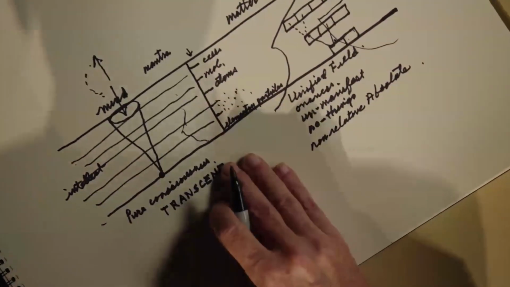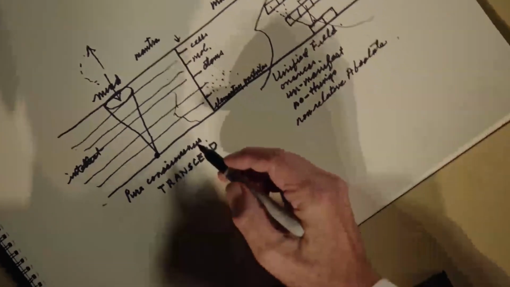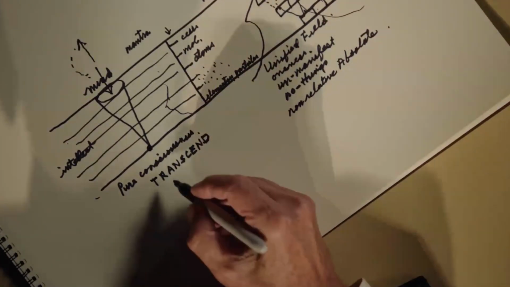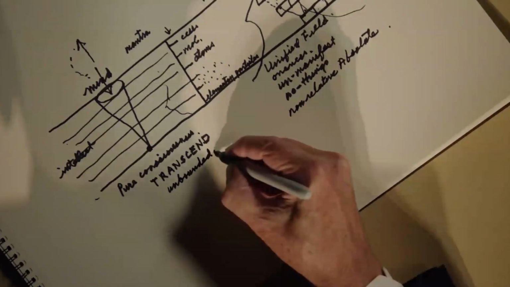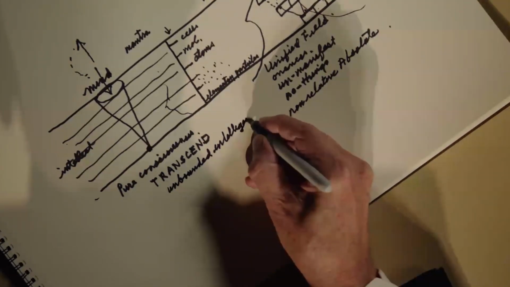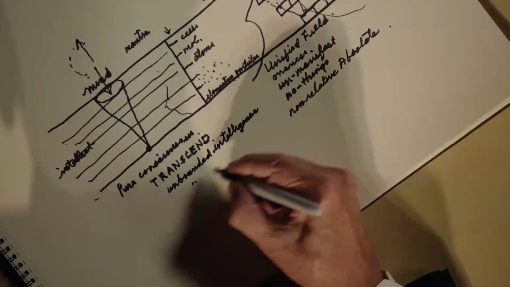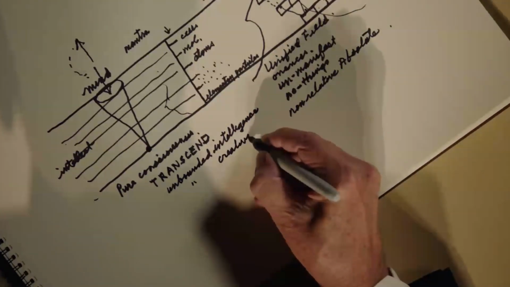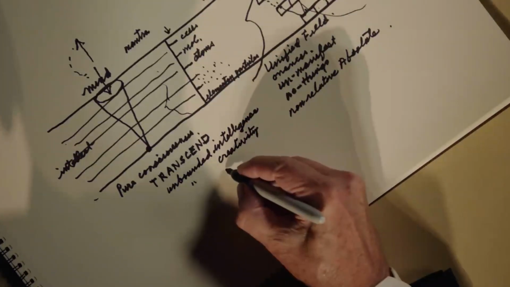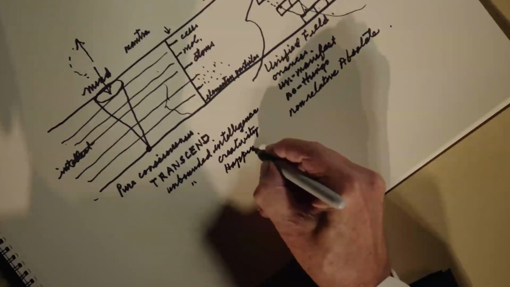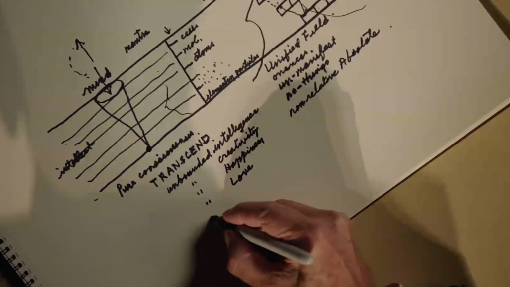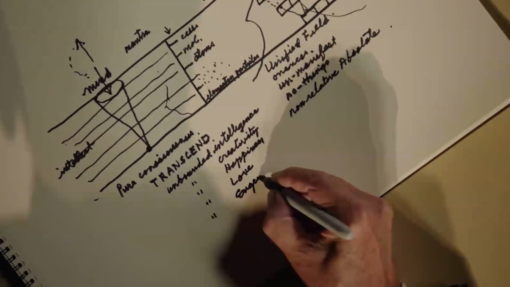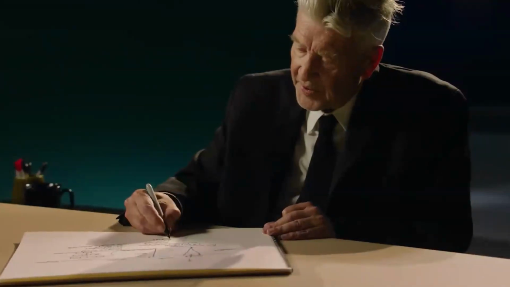When you transcend and experience this field, because this pure consciousness has qualities, all positive qualities, you will experience unbounded intelligence, unbounded creativity, unbounded happiness, unbounded love, unbounded energy, unbounded peace.